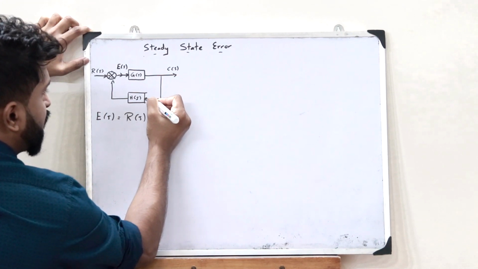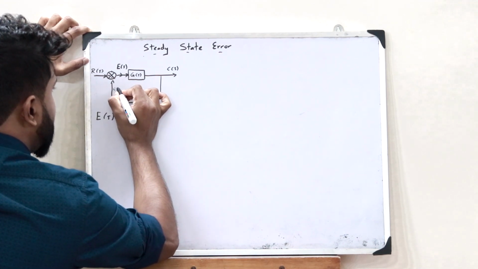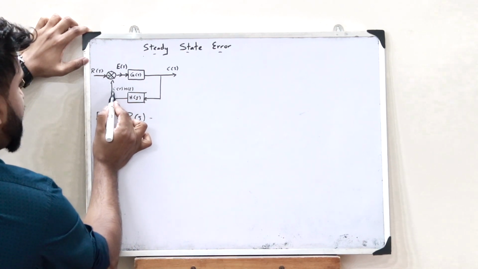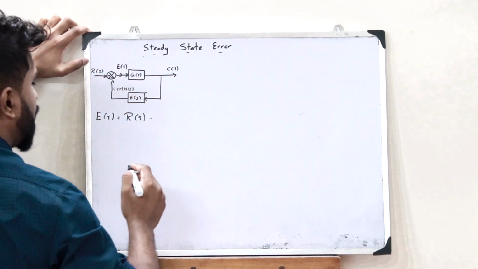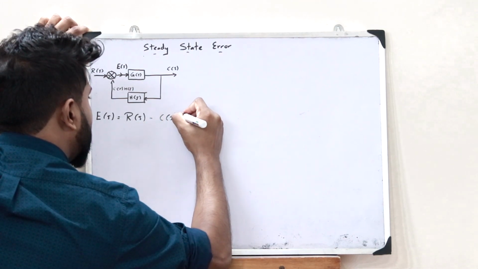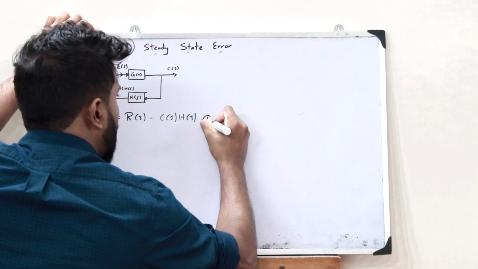Here we have C of S, and when this C of S passes through H of S, we get C of S into H of S. This is subtracted, so we have R of S minus C of S into H of S. Let us take this as equation number 1.